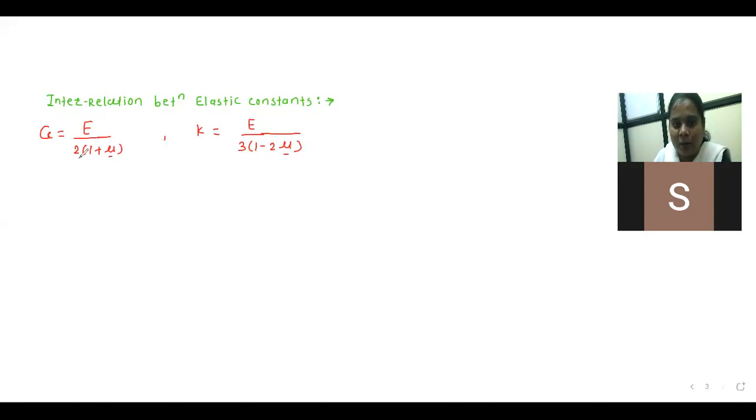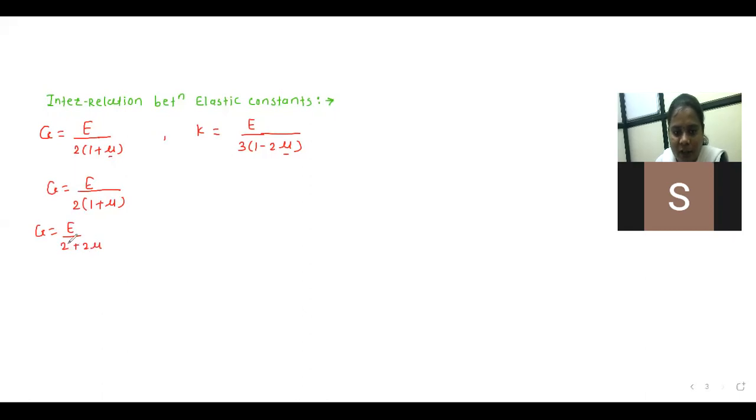First we will take the first equation, G is equal to E divided by 2 in bracket 1 plus mu. We have to convert this equation in terms of mu. So G is equal to E divided by, we multiply the 2 into the bracket, so 2 plus 2 mu.